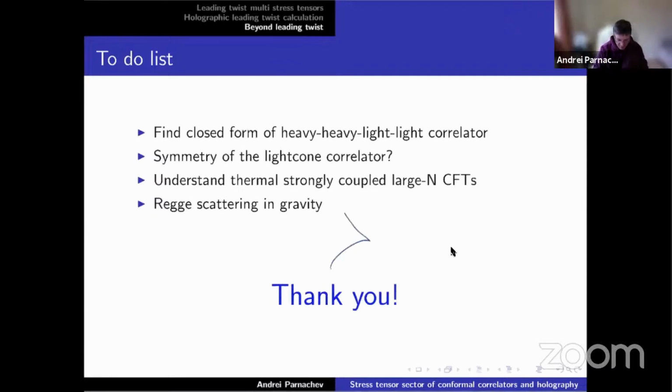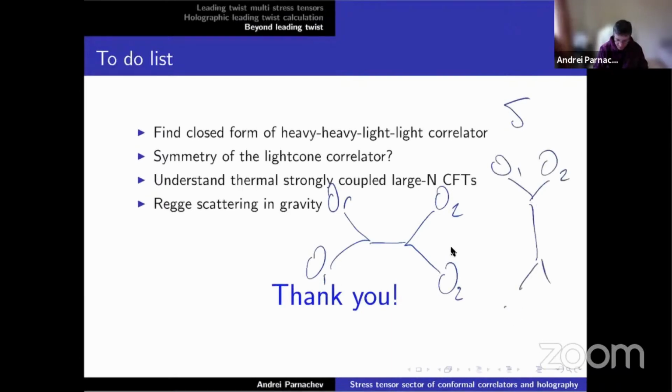Let's say we have A1, A1, A2, A2, and A2 is light. There's a relation between delta and the anomalous dimensions of operators which appear in the cross channel. When it becomes imaginary, then one interpretation is that the anomalous dimensions in this channel become imaginary.